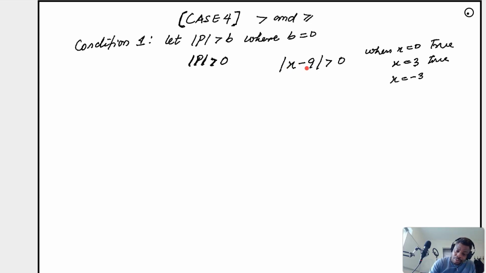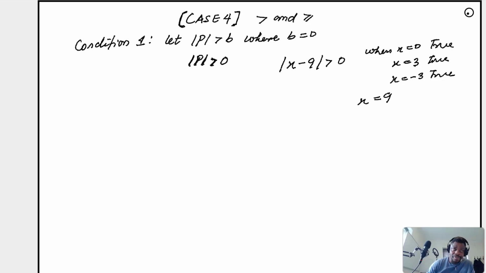Minus 12 modulus, that is 12. 12 is greater than 0. That is true. So if I use x as 9, 9 minus 9 will be 0. It says 0 is greater than 0. That will be false.